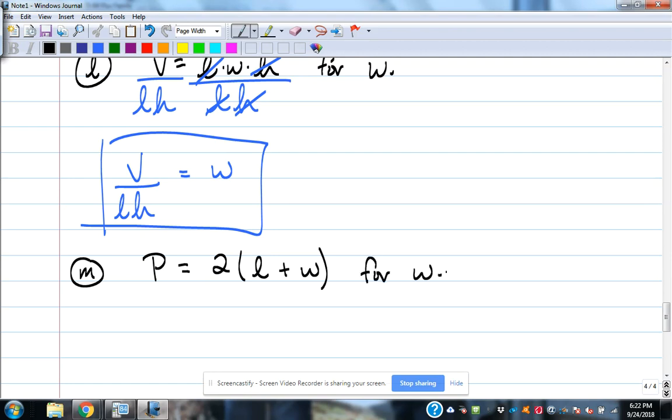Here's another geometry formula. P equals 2 parentheses L plus W. We want to solve that for W. What's that the formula for? Does anybody know? That again? Perimeter. Perimeter of what?